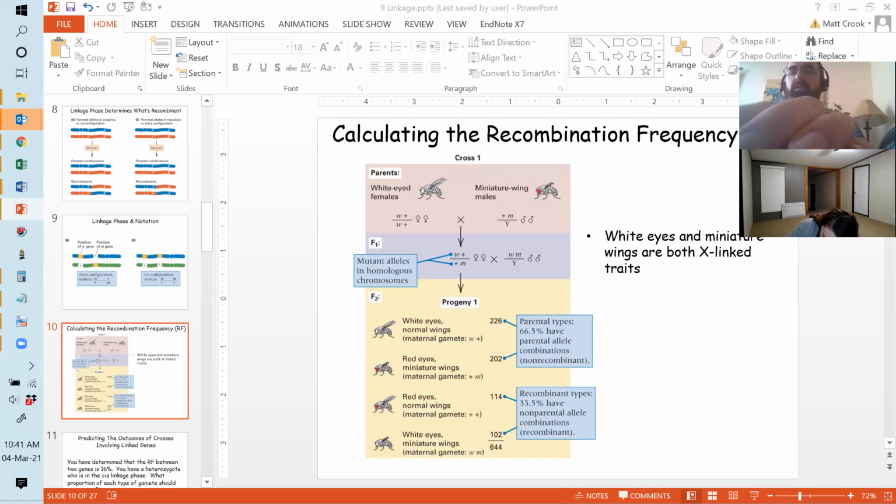So that would be 216 divided by 644 times 100 equals 33.5%. Or we actually have a unit, which is centimorgans: 33.5 centimorgans.